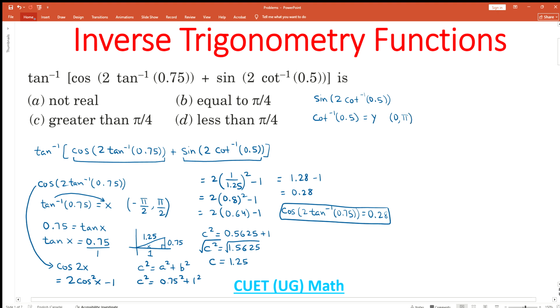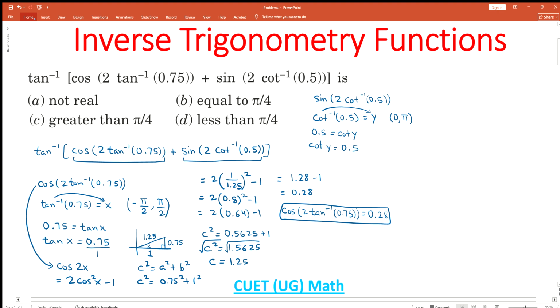Therefore, the value of y should be between 0 and pi. Next, we can move cotangent inverse to the right side of the equation with y. Or cotangent y equals 0.5.